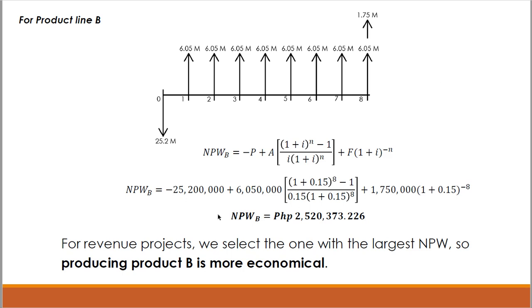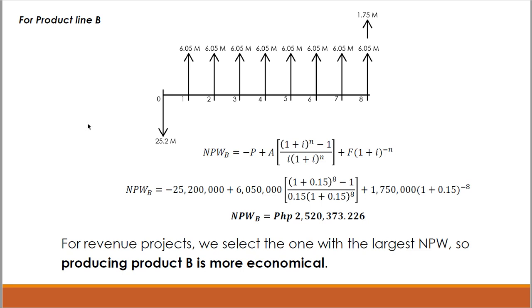Minus negative initial investment or initial cost natin, 25.2 million. Tapos itong annuity natin na ito, i-transfer natin or i-convert natin to an equivalent value or worth in the present. Ganon din sa may salvage value, i-convert natin to an equivalent value in the present time. Okay, so ito yung formula natin.